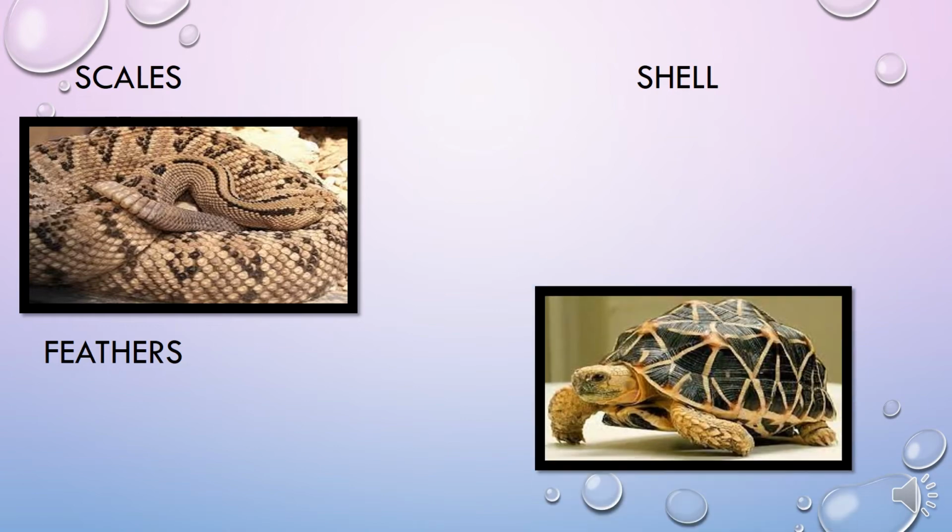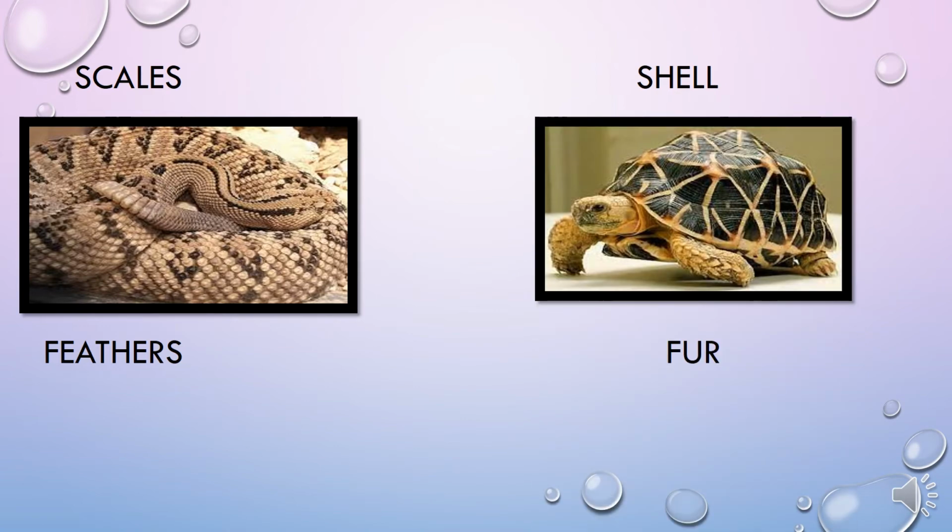Next is the shell. The example is the tortoise. You can see that the tortoise has a shell, which is a body covering that protects it when it is in danger. Animals like snails, tortoises and turtles have hard shells. When these animals are in danger, they withdraw their heads and limbs into the shell.